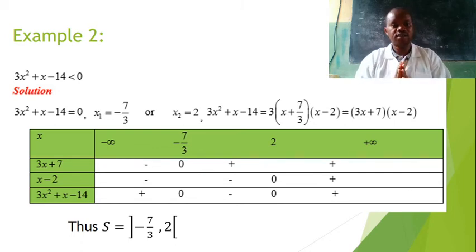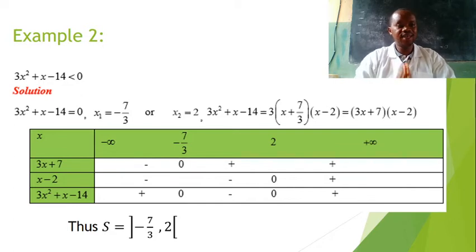Dear friends, remember that we are asked to solve 3x squared plus x minus 14 less than 0. We look for where this 3x squared plus x minus 14 is less than 0. And we saw that when you have positive sign, it means that it is greater than 0. When it is equal to 0, it means that it is equal to 0.